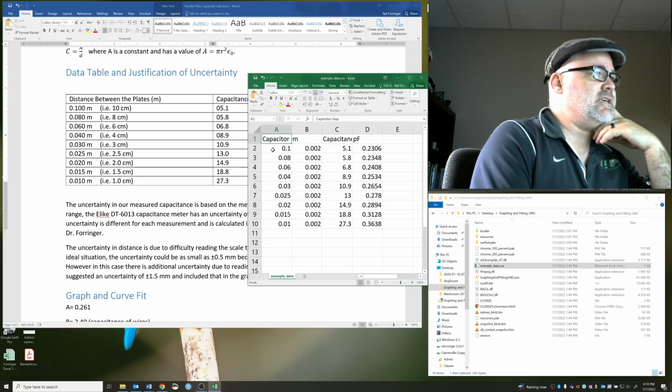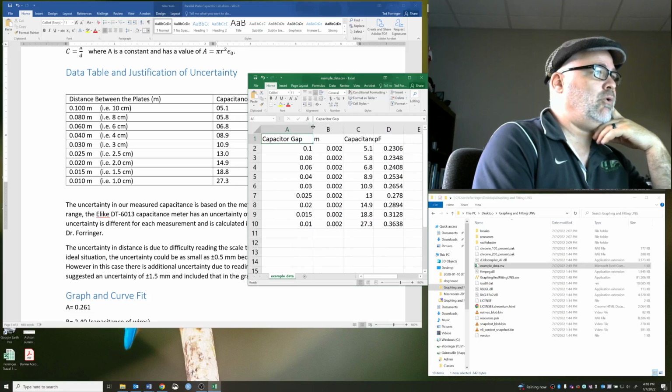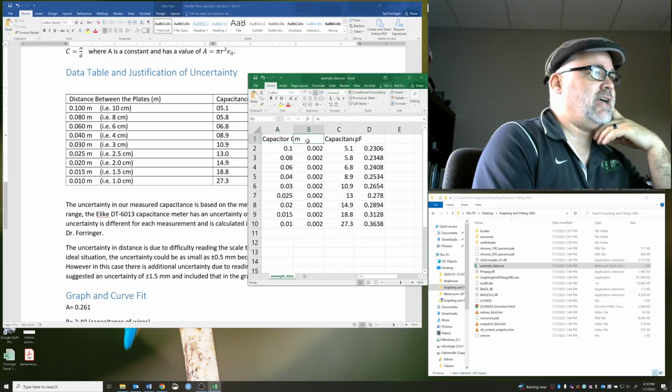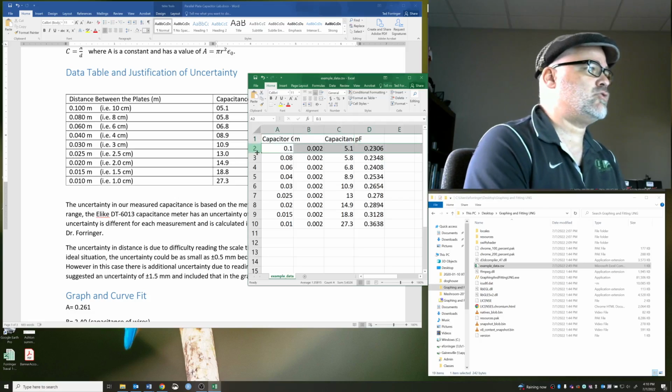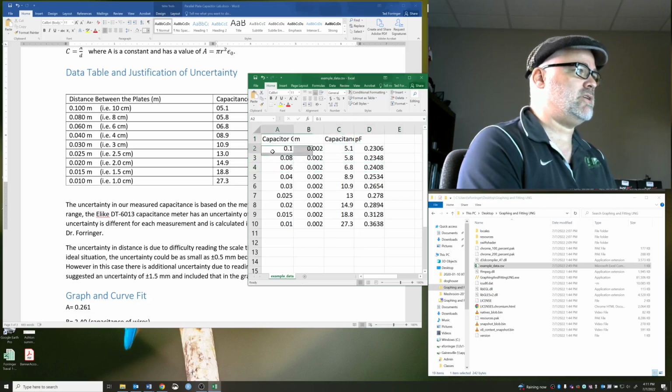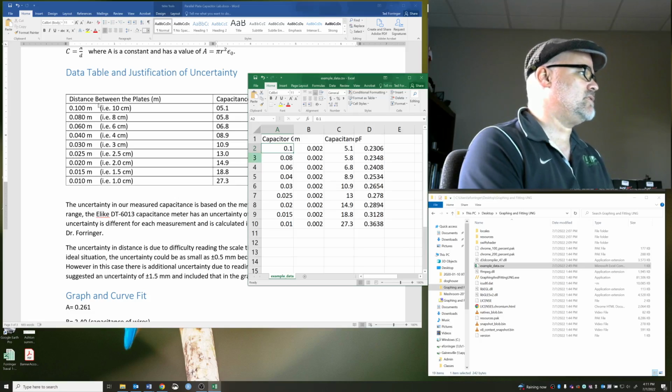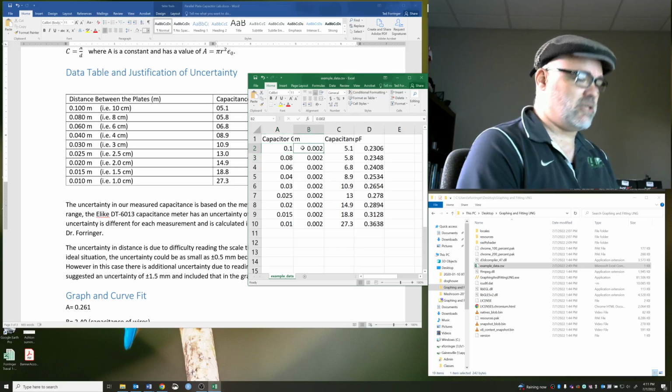This is the X label, capacitor gap in this case. This is the X unit, meters. This is the Y label, capacitance, and this is the Y unit, picofarads. Okay, and then each row represents a data point.